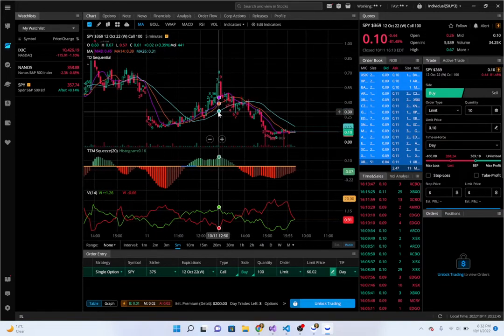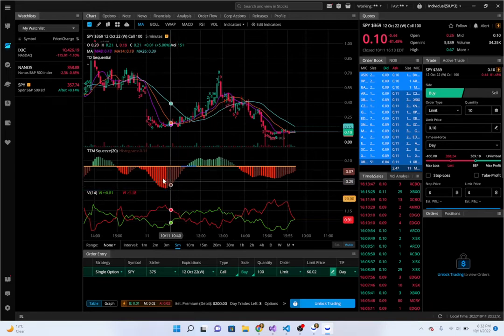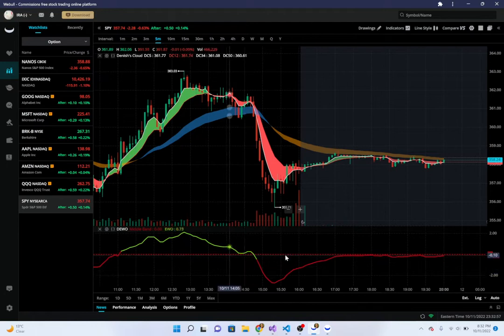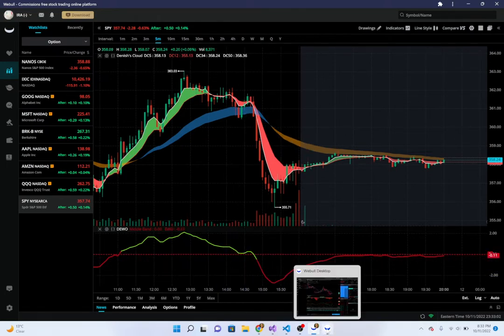Okay. On my Webull desktop, you will note that I'm using TTM squeeze, which is behaving nearly the same as the DWO indicator which you saw here. This DWO indicator behaves nearly the same as the TTM squeeze.